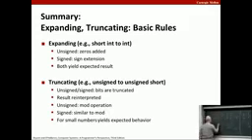But if we changed it to this, then this would be minus 13, and this would be plus 3. It's a little harder to think about in terms of modular arithmetic.